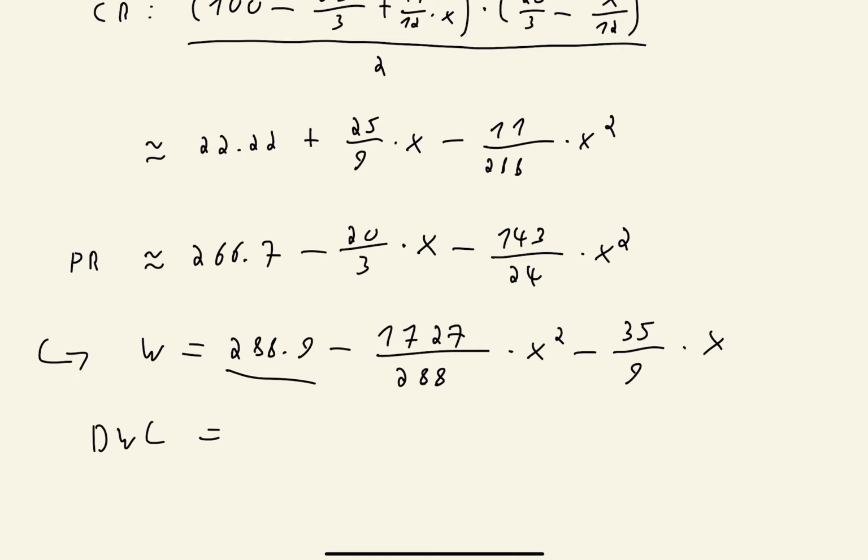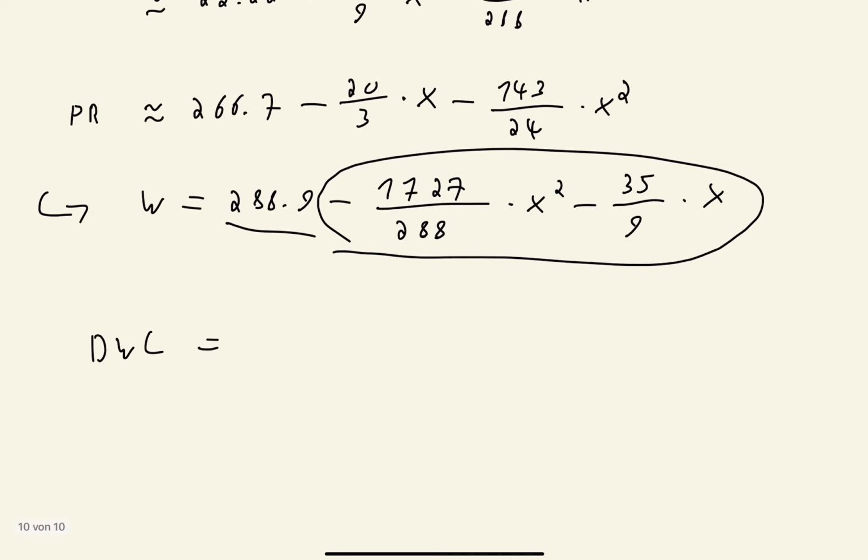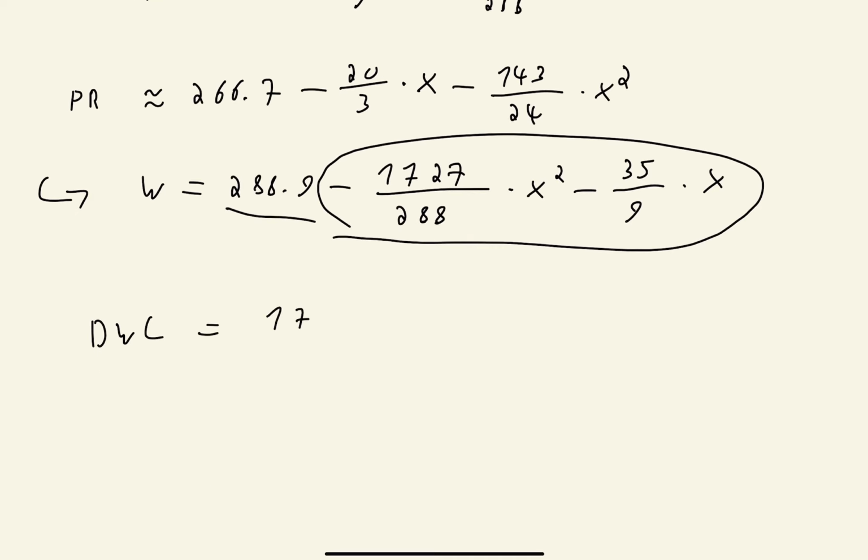So the deadweight loss is simply the absolute value of those terms. So the deadweight loss is given by 1,727 divided by 288 times X to the power of 2 plus 35 divided by 9 times X.